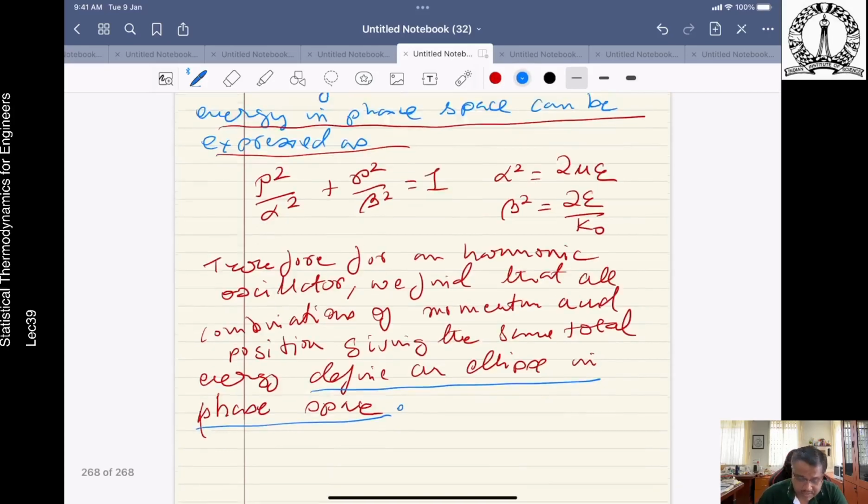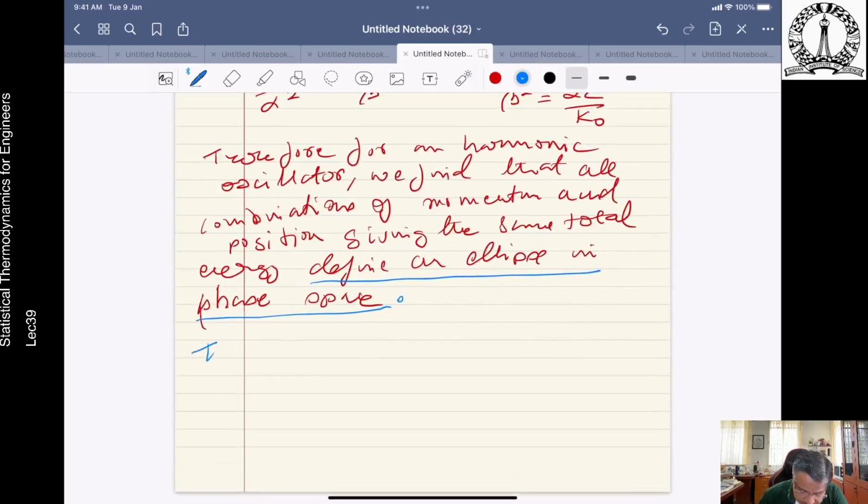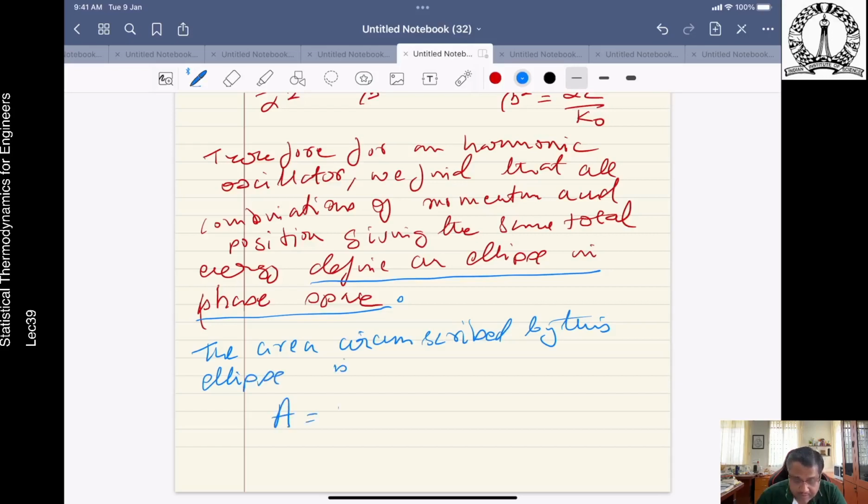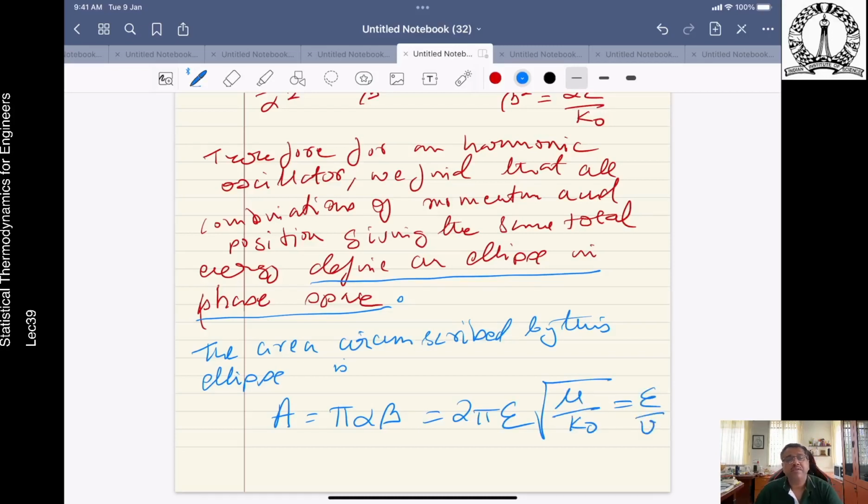The area circumscribed by this ellipse is A equal to 2 pi E divided by omega naught.